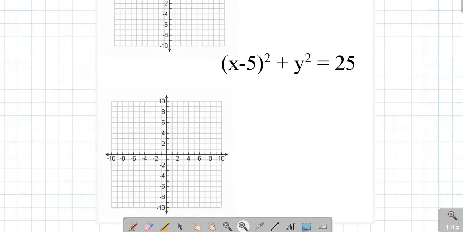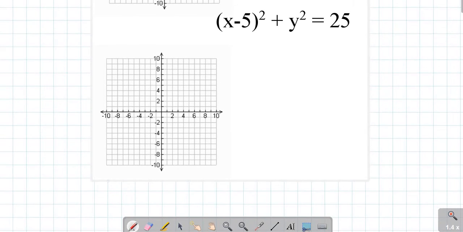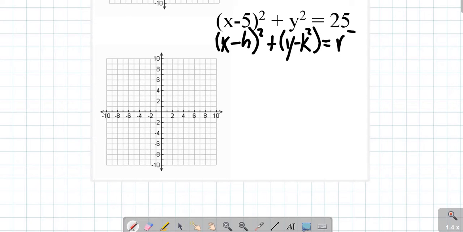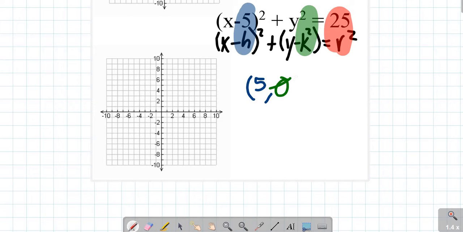Here's another one. You start by, again, pulling out what would your h, your k be, and the radius. The signs didn't swap, so that means h was positive. There's nothing there for k because there's nothing there. It's a 0.